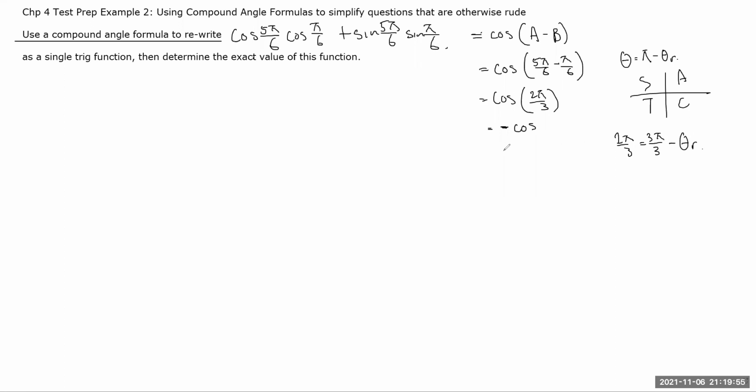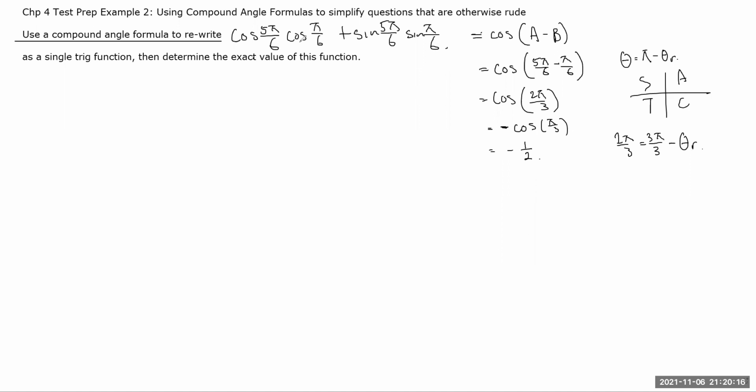The related angle is going to be 1 pi over 3. So what is cosine of pi over 3? It is 1 over 2, so the answer is going to be negative 1 over 2. Shouldn't take you more than a minute or two. All right, keep it up.